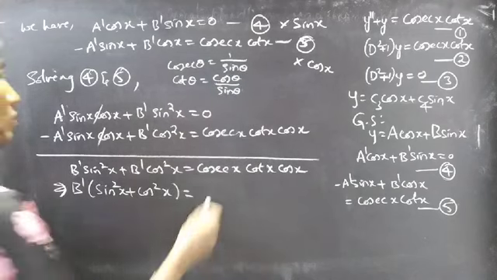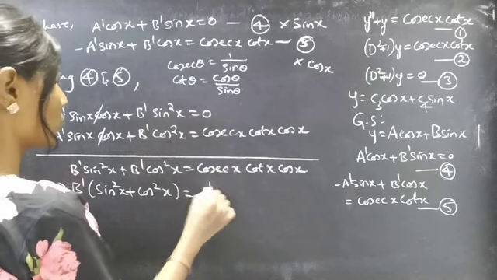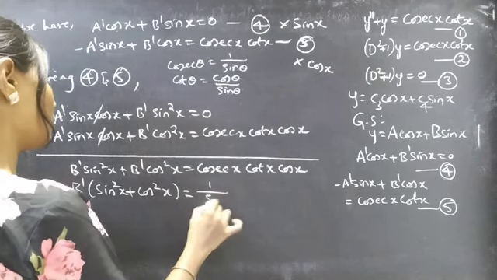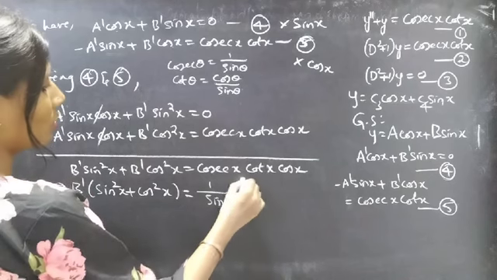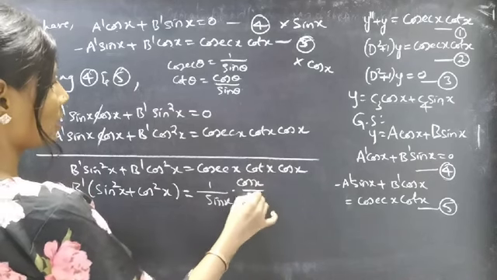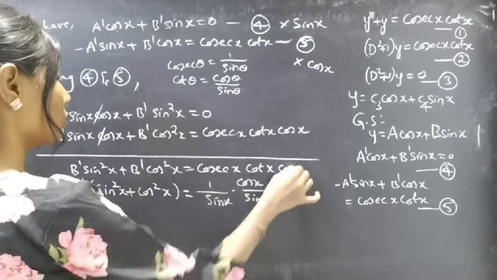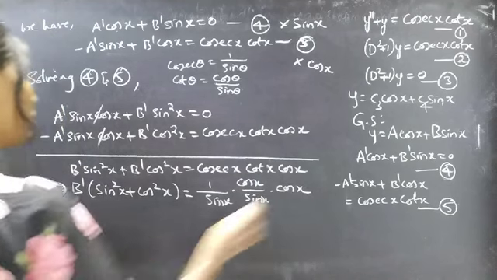Now let's replace cosecant x with 1 by sin x and replace cot x with cos x by sin x into cos x, right?